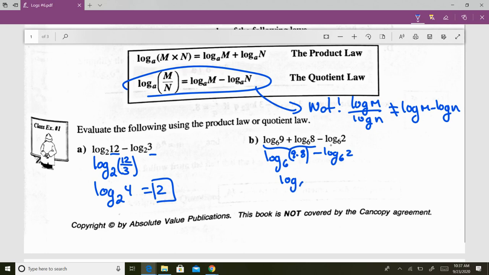So log base 6 of 72 minus log base 6 of 2. Now we're subtracting. So what does that mean we're doing with the arguments? Dividing. Log base 6. 72 over 2 is 36. What's my answer? 2. Does that make sense?